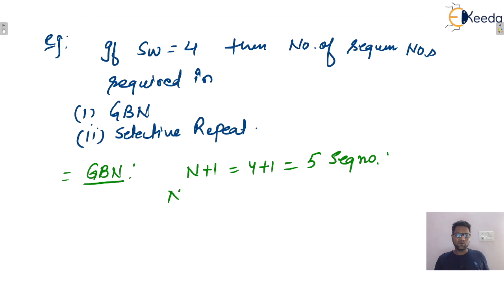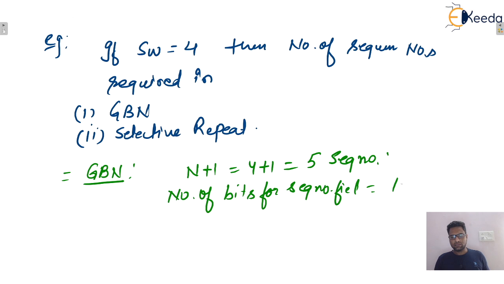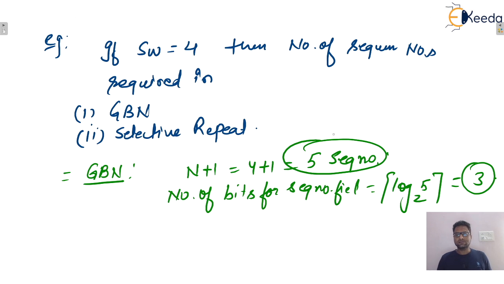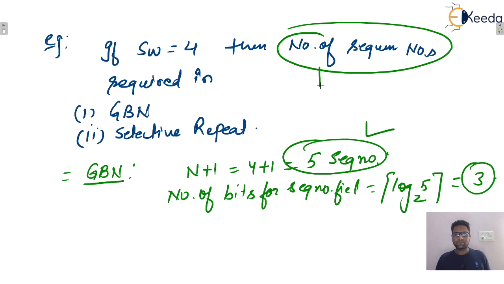The number of bits for the sequence number field will be log 5 base 2, take the ceil value, which is 3. If the question asks how many sequence numbers are required, the answer is 5.